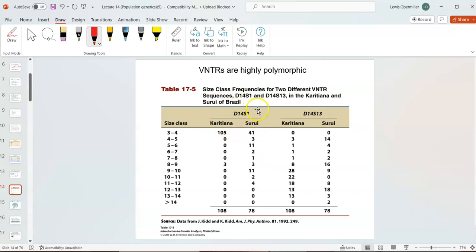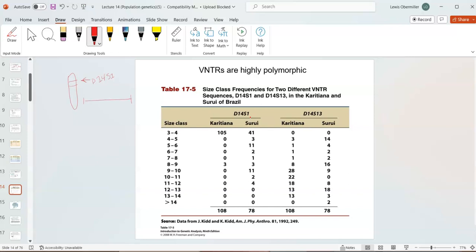D14S1. That's just a region of DNA, right? It has a crazy name, but that's just what it was named, because it's not in a gene. If we looked at this region, we would see repetitive sequences in here.